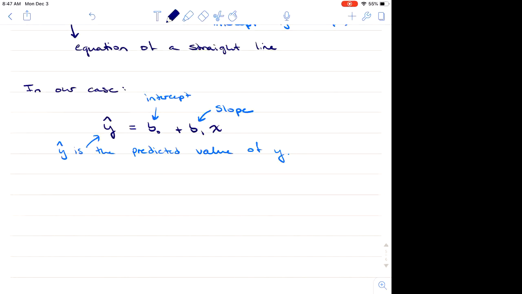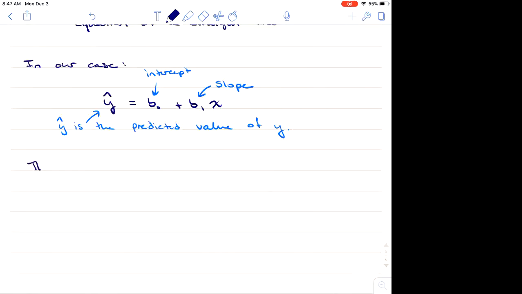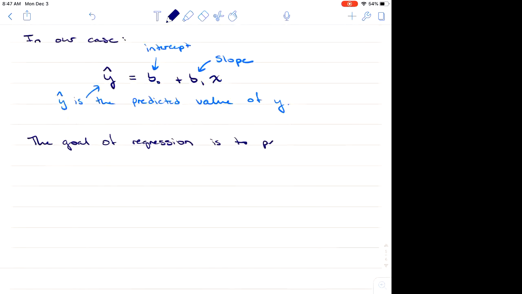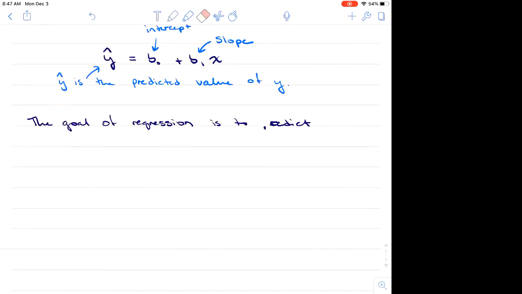The reason we've got a y hat is because the whole point of fitting a line of best fit or a regression equation is to be able to predict future values. And so the goal of regression is to predict values of y.